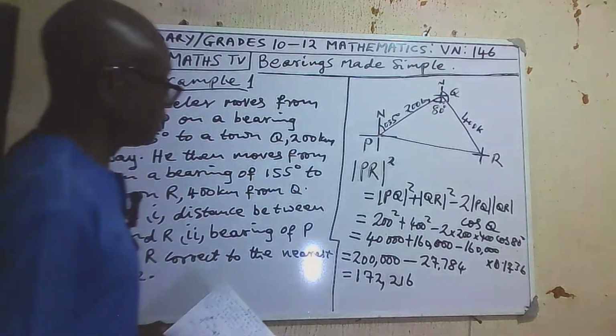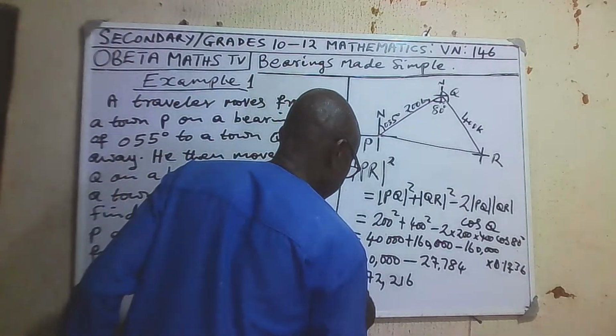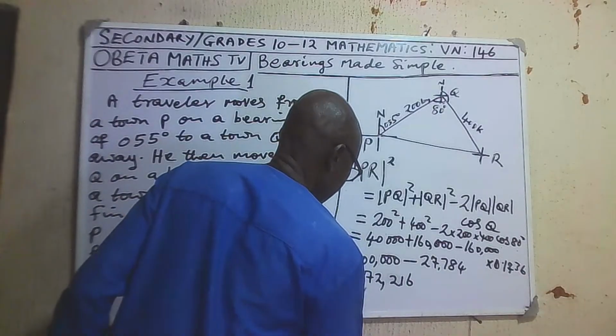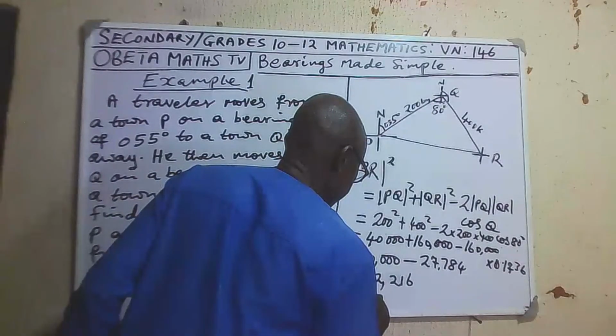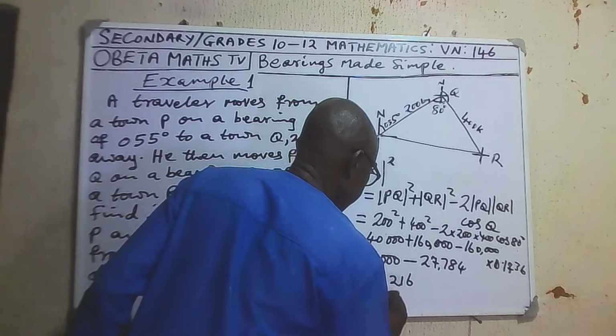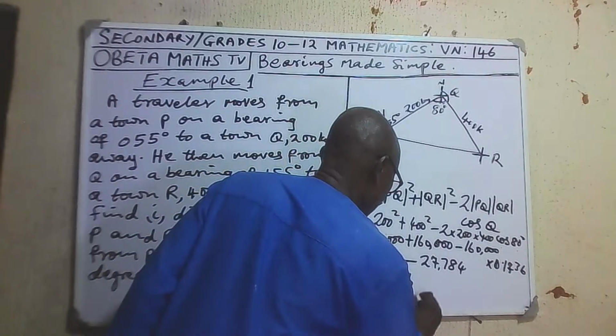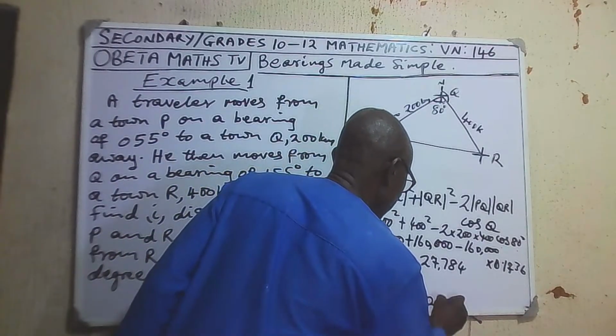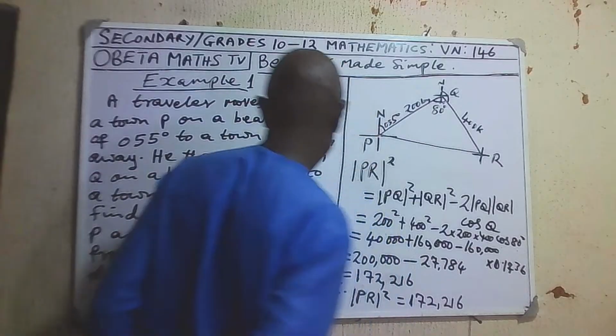Now, remember that it means then that PR squared is equal to 172,216.